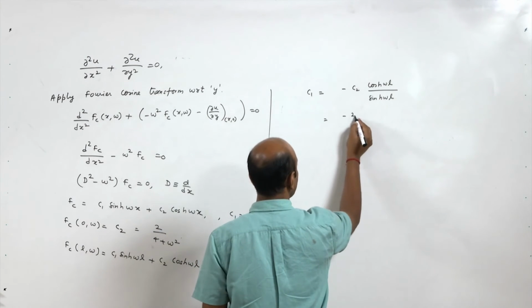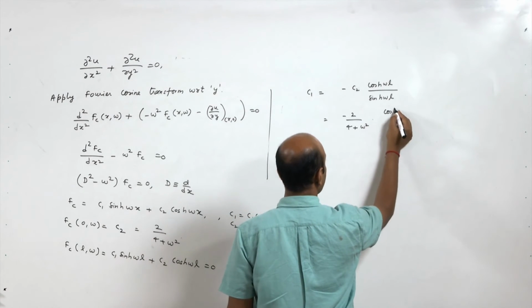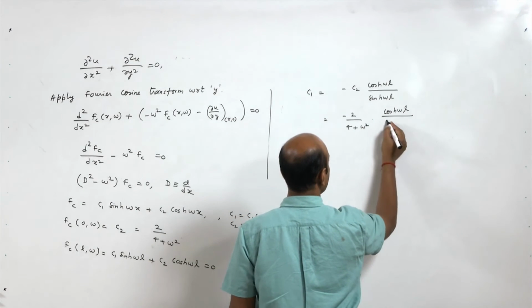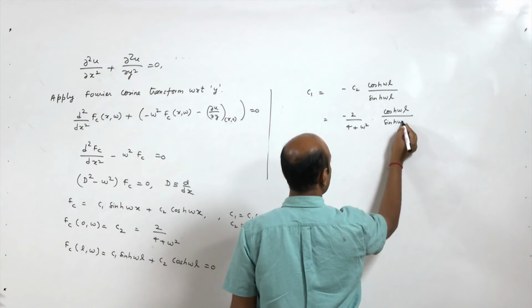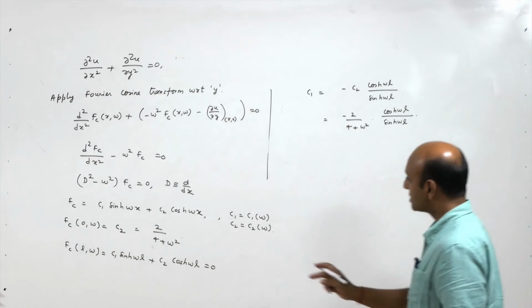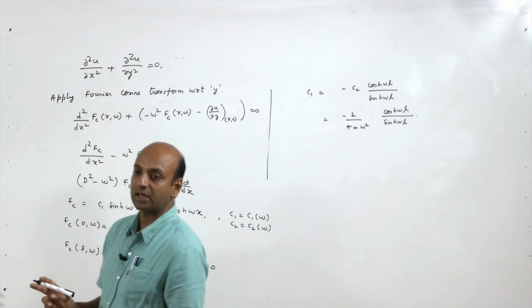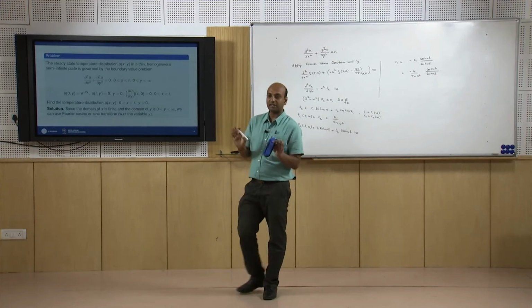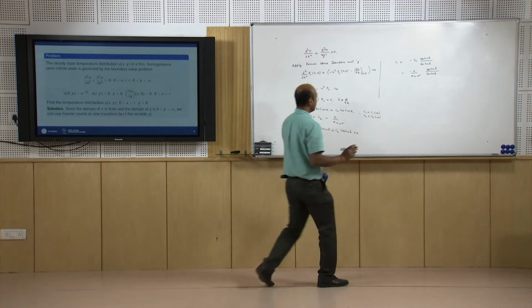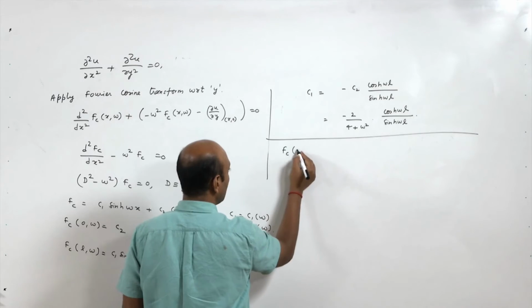So, it is minus 2 upon 4 plus omega square into cosh omega L upon sinh omega L. In this way, once we obtain c1 and c2, the only thing remaining is to take the inverse Fourier cosine transform on both sides to find the final solution. So, what is fc(x, omega)?